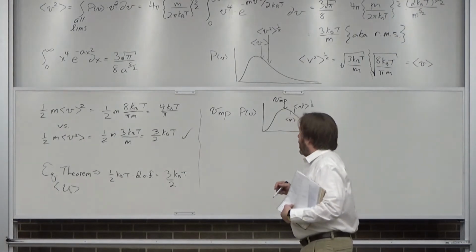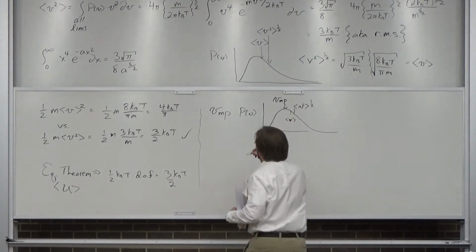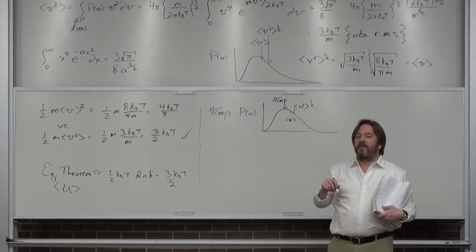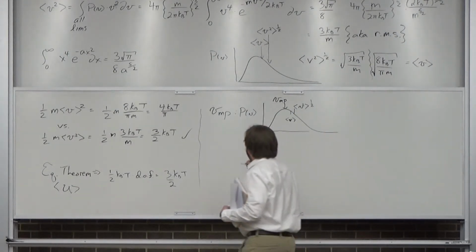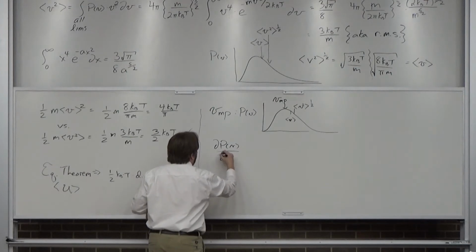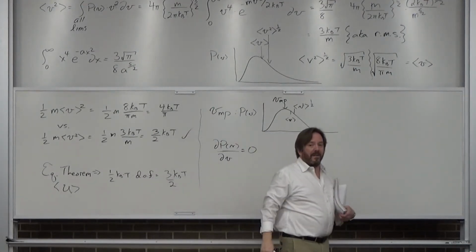And so, if I can push you a little bit in that regard, I'll do so. So, okay, how do you define the top of a curve? Hopefully you remember this. It is where the derivative of that curve, for a maximum, is 0.